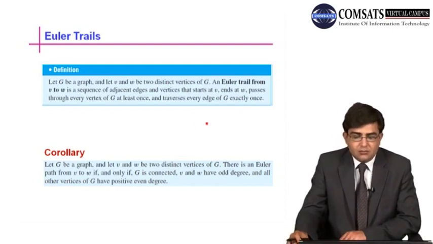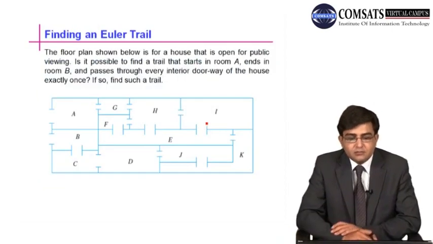So now we consider an example of how to construct an Euler trial. We follow the same procedure as we used to construct the Euler circuit, but here the starting and ending point is different.